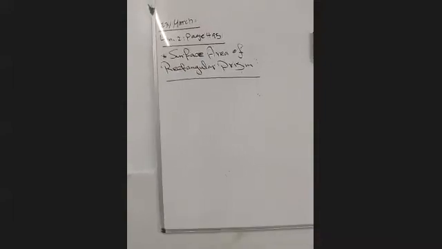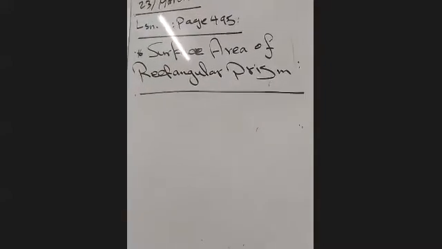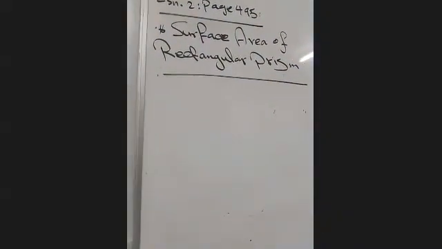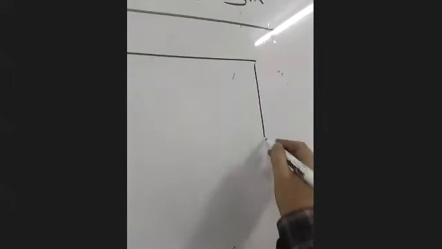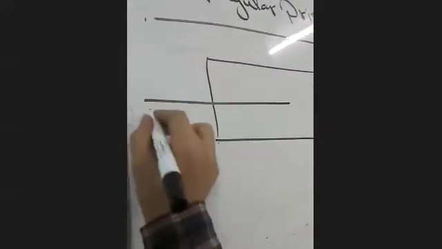Thank you, mister. Okay, guys, today we'll start with lesson 2 in this chapter, surface area of rectangular prism. Now let's remember what we did in the previous lesson. All of us now know the rectangular prism, right?